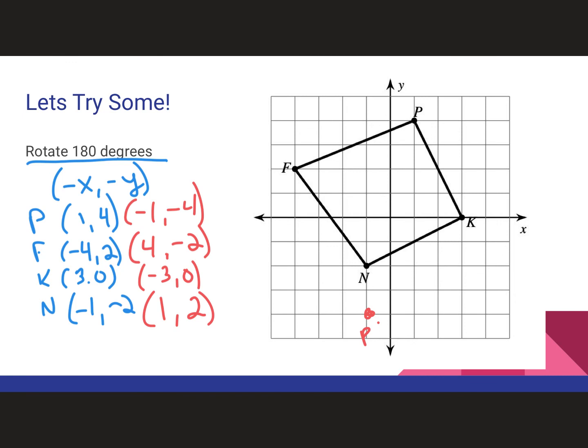F goes to (4, -2), which is right here. K goes to (-3, 0), which is right here. And N goes to (1, 2), which is right here. So you notice the shape is sort of inside the other shape, but we have rotated it around. Okay, so go ahead and try your work, and I will see you in class.